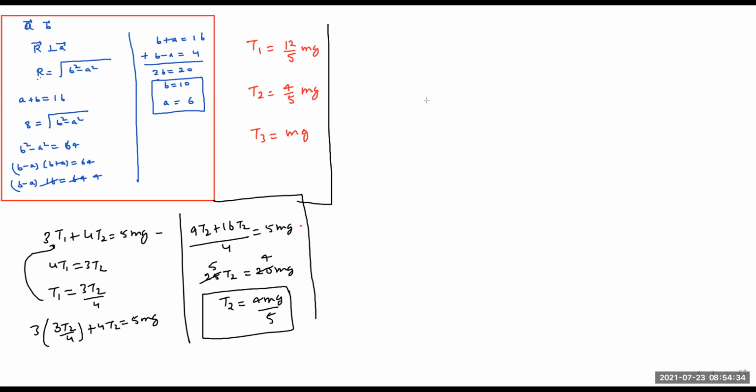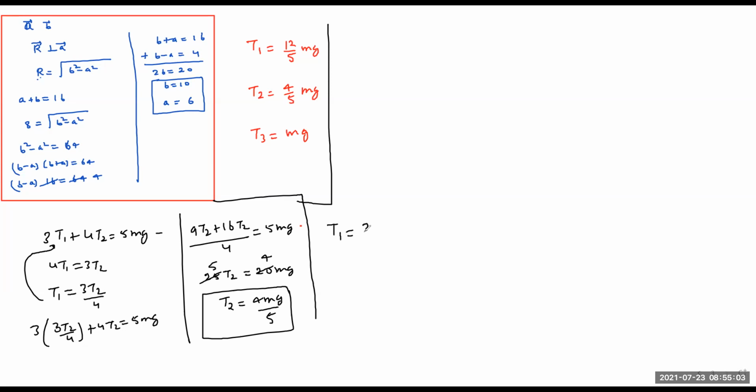Tell me, the value we have got for T2, that means the second rope, the tension on that rope is equal to 4 mg upon 5. Correct. And that force will remain throughout. Similarly, we can find T1 also, because we have the relation. So let's do it and finish this off.